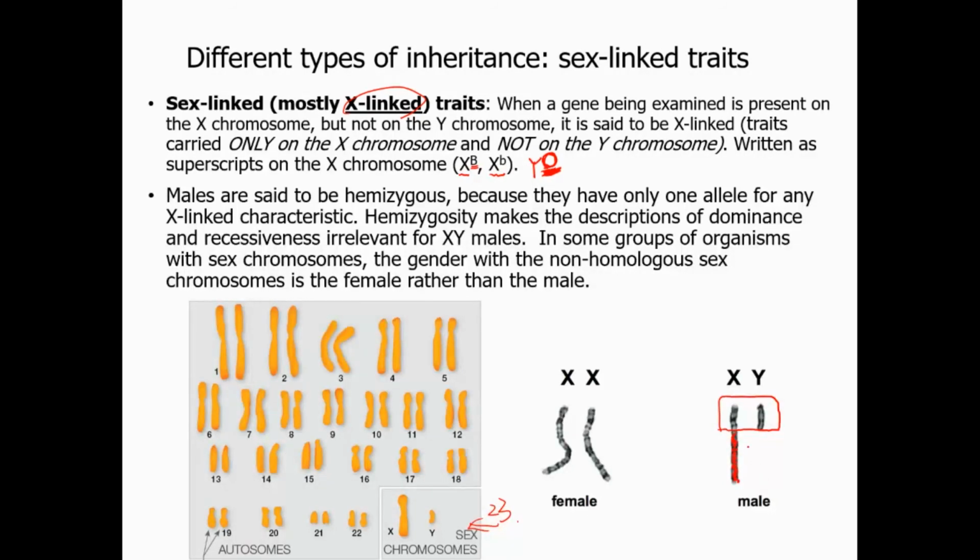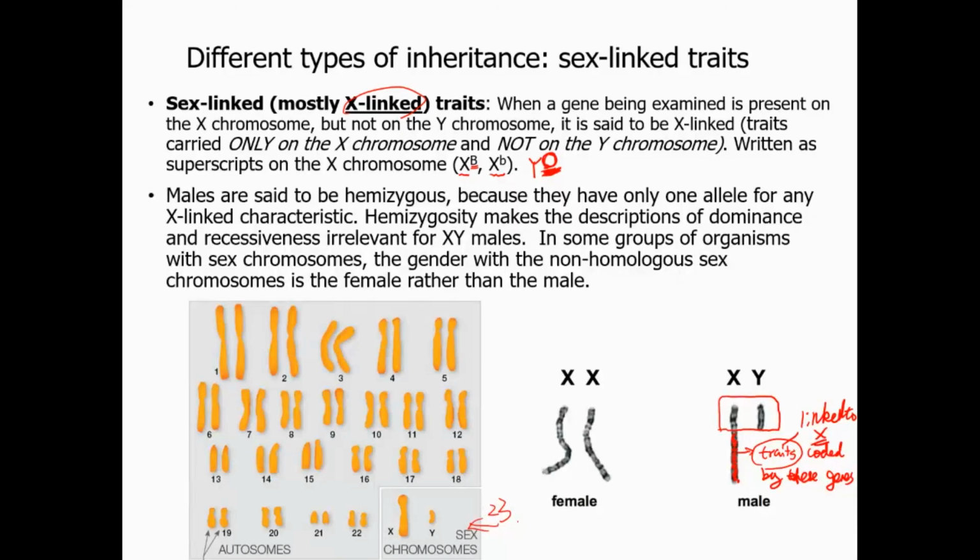So that's why all the traits coded by these genes, which are not present on the Y chromosome, are going to be linked to the X chromosome, because you can't find them on Y. All right? Okay, so hopefully that makes sense.